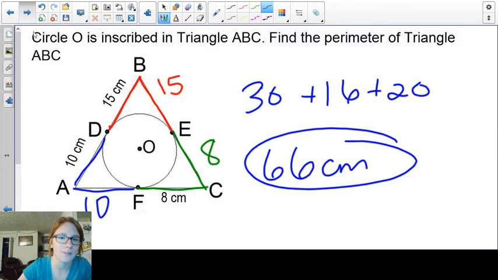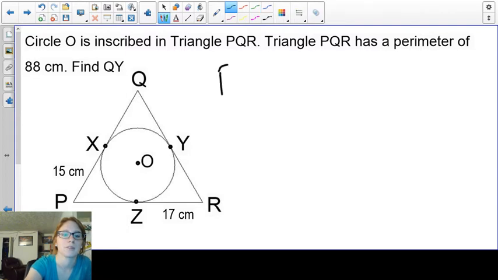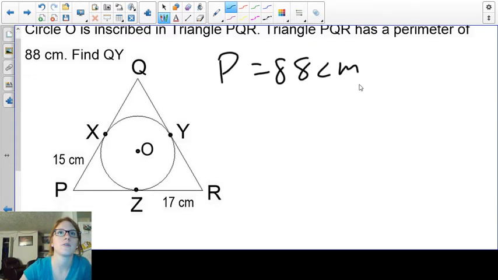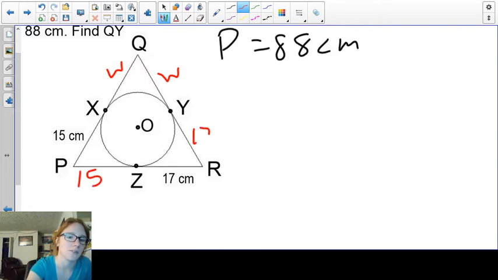All right, using that same idea, if it's inscribed again, if it has a perimeter of 88 centimeters, find QY. Well, that's some unknown. So say it's my favorite letter W because W is not used in my problem yet. I know that this has to be 15 and this has to be 17.